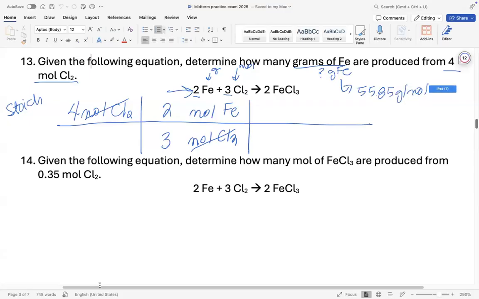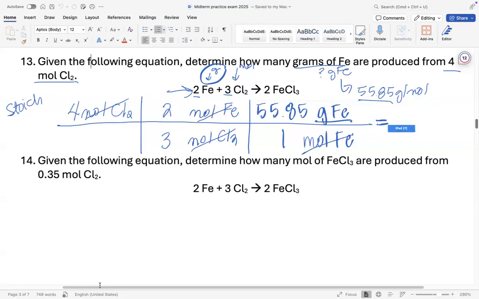So I want moles of iron on bottom because I want them to cancel, and then I want grams of iron on top because that's my desired unit. This number always travels with the gram, so since I put the gram on top, I'm going to put that number on top too. And then that leaves me with 1 for the bottom. So now I'm out of moles of iron and into grams of iron, which is great. That was what I was trying to get to in the end here.